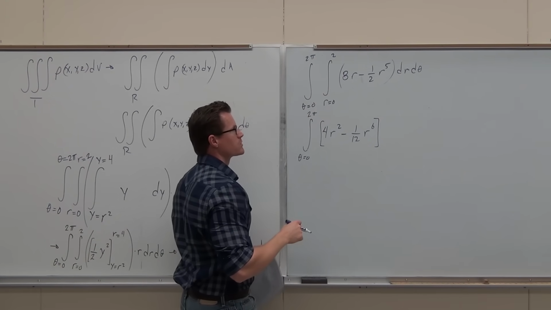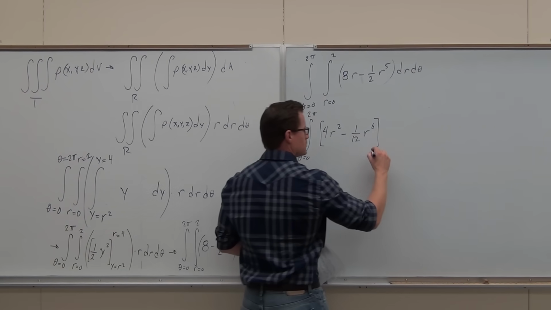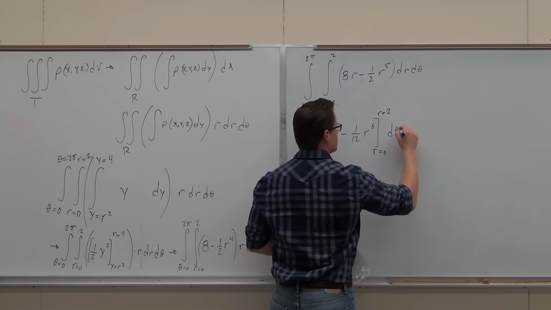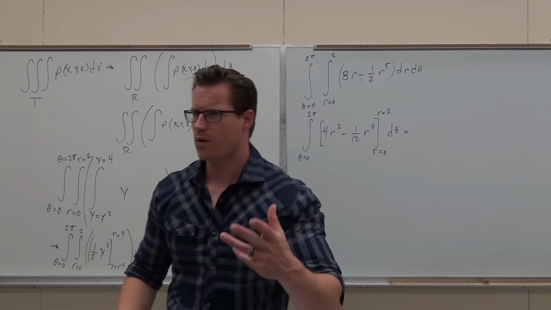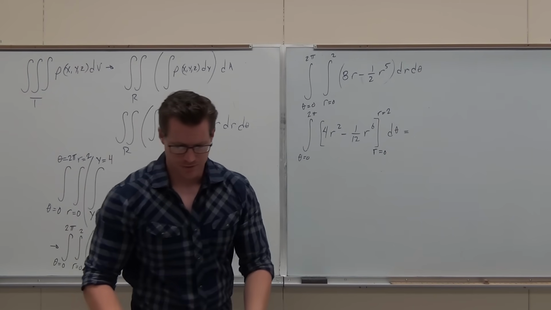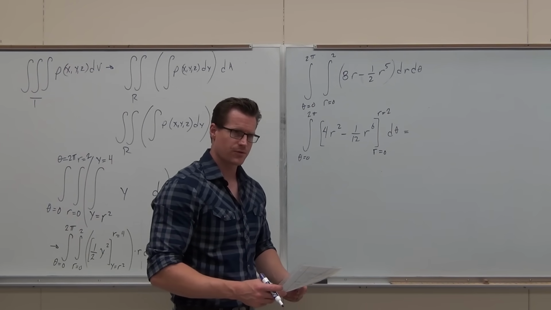4r squared minus 1/12 r to the 6th, and then we're going to plug in. I love it when that happens, when there's no other thetas or anything, and you just get all r's, and you plug in for r equals a number and 0, you're going to get left with a constant. That constant, if I've done my math right, is 32 over 3?